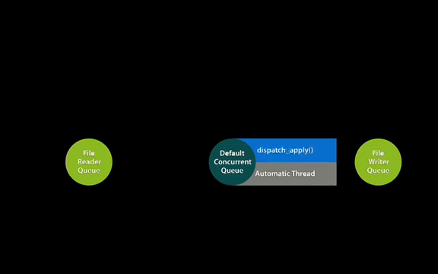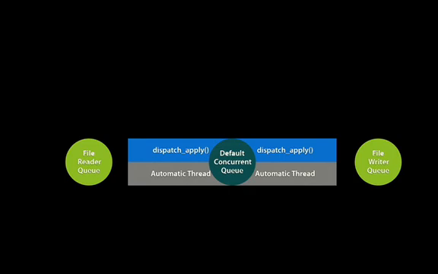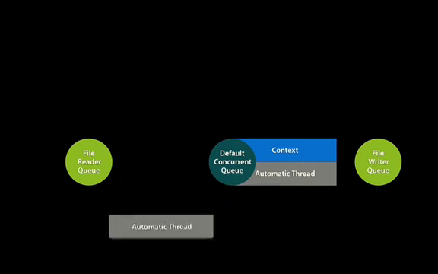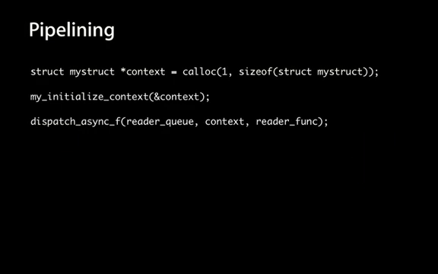It might call dispatch apply to further fan out and take advantage of the available cores on the machine. Once dispatch apply returns, we're back to our context, and that context will shuttle itself over to the writer queue, which will then write the data back to the disk, and will proceed on and on down our pipeline.